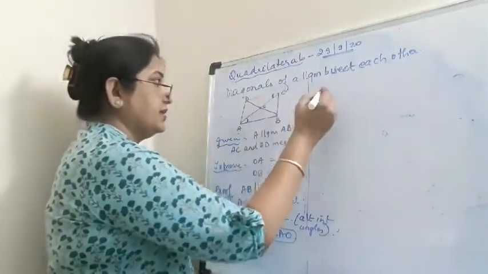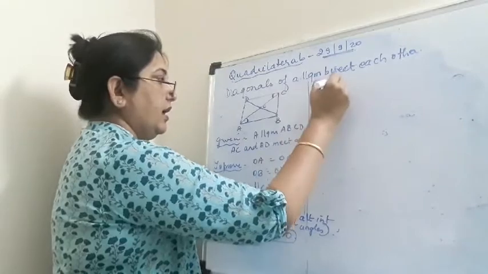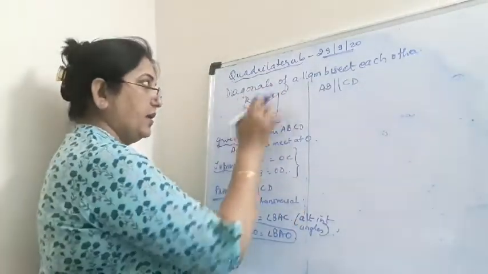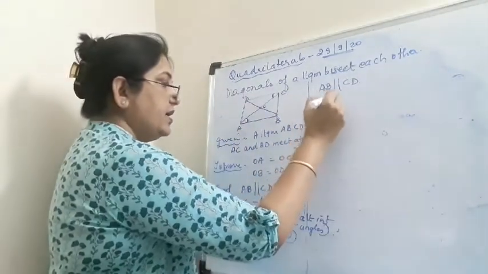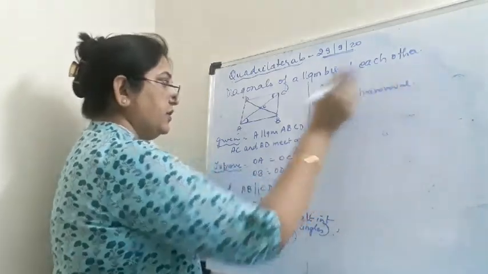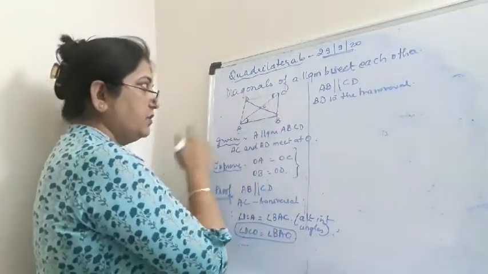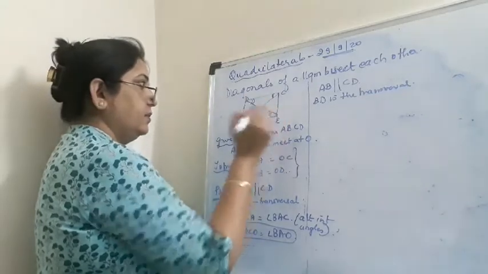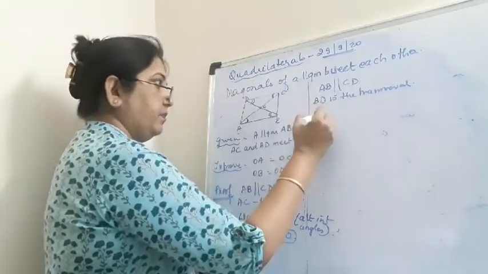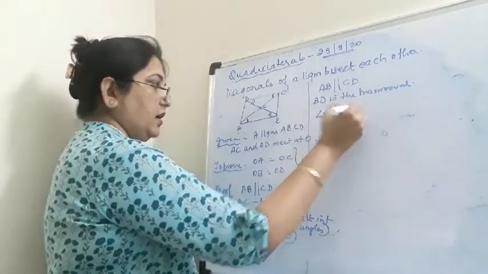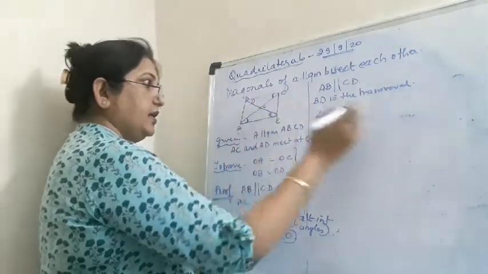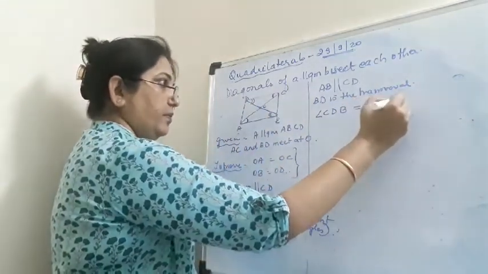Now coming to the next side, again AB is parallel to CD, since it is a parallelogram, and BD is the transversal. When BD is a transversal, which two angles will we consider? This angle and this angle. So we can write that angle CDB is equal to angle ABD.